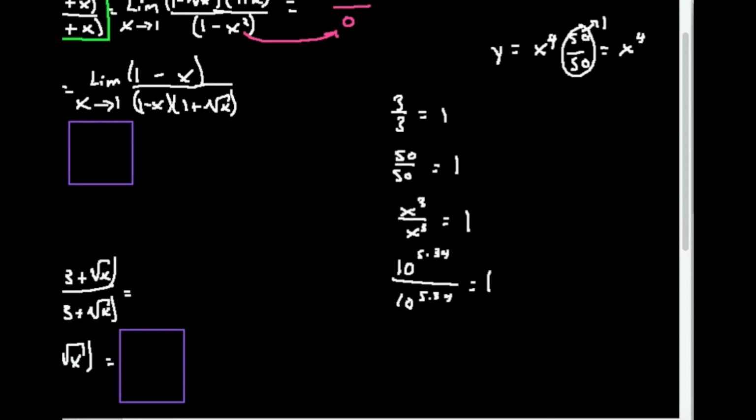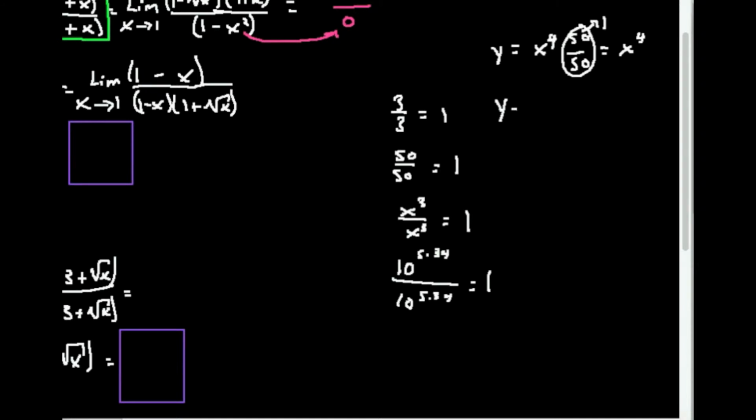A concept that you really need to understand is that if I multiply anything, a number, a function, anything, times 1, it's the same thing. It doesn't change the value of the expression. So if I take any function or number and multiply by what is called a fancy one, which is just like 3 over 3, 50 over 50, x cubed over x cubed, it doesn't change the value because that's equal to 1.